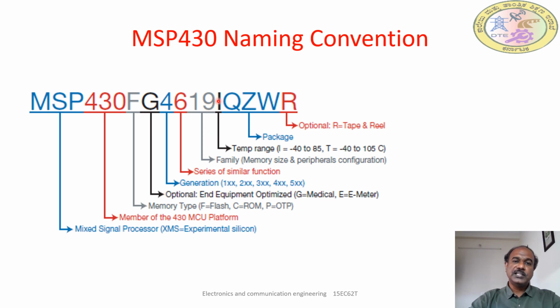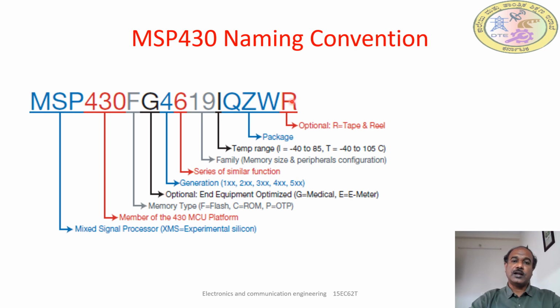Instead of I, if it is T, then the microcontroller can function in a temperature range from -40 to 105 degrees centigrade. Then the letters Q, Z, W indicate the package type of the microcontroller.